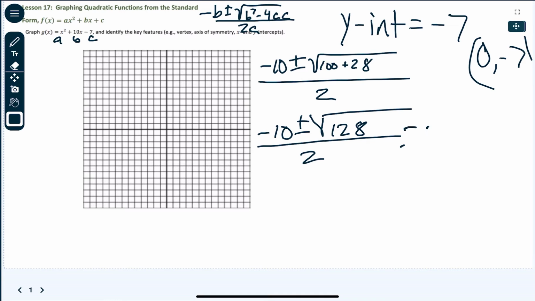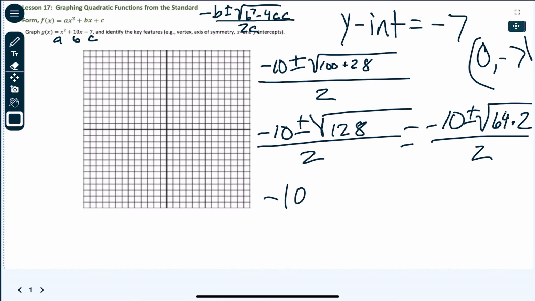So we have -10 plus or minus the square root of 64 times 2, all divided by 2. Square root of 64 is what? 8 square roots of 2 divided by 2.